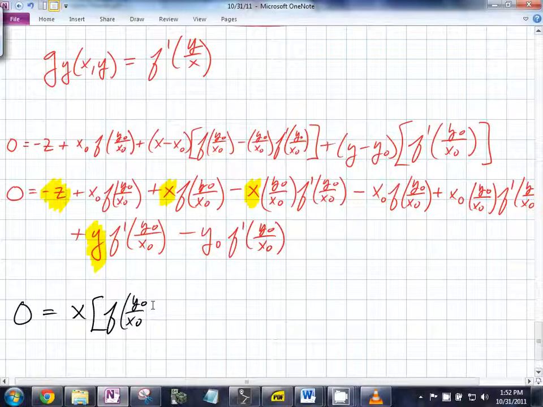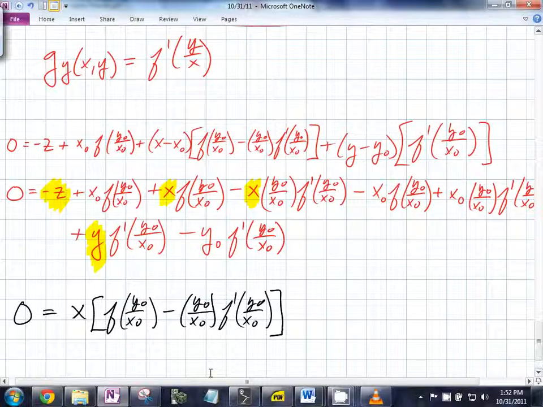Is that correct? Yep. Plus y times f prime of y naught over x naught, minus z. So we've taken care of this, and this, and this, and this.